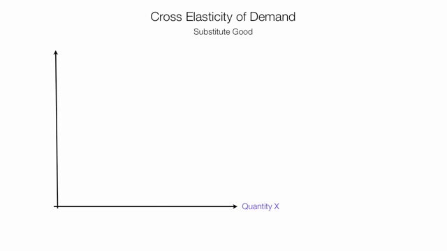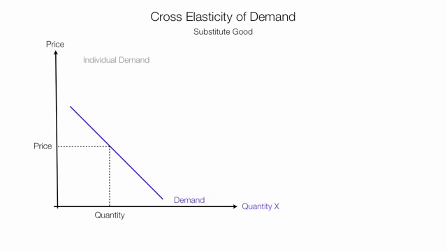So imagine a substitute good, and I put along the x-axis quantity x, and along the y-axis, the vertical axis, price, and I draw in an individual demand curve. Price and quantity are there. And again, this is individual demand. Imagine another good, price of y, goes up, it rises, and the demand of x increases.